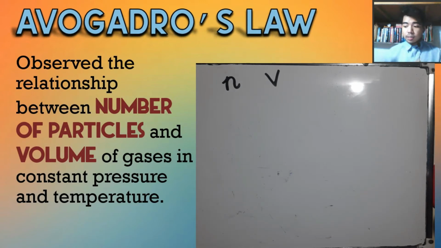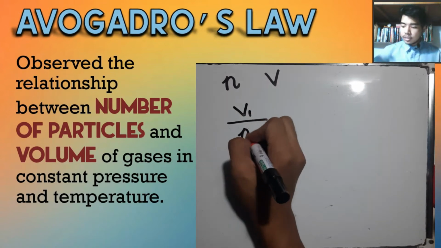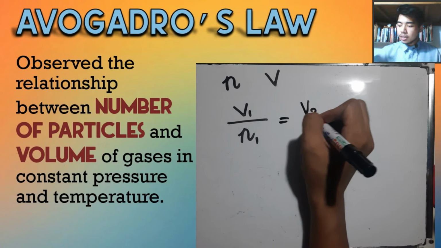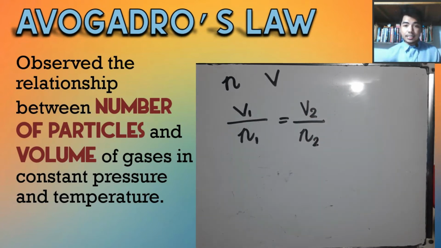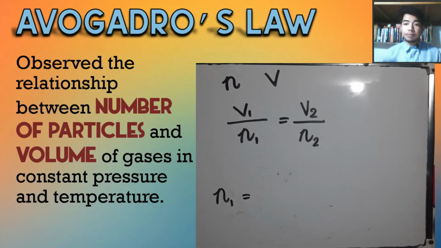So we could simply conclude that volume number 1, or initial volume, is directly proportional with the initial number of particles, in which if the volume increases, the number of particles will also increase. Okay, so this would be the base formula that we are going to utilize. Now, for instance, we are looking for the initial number.